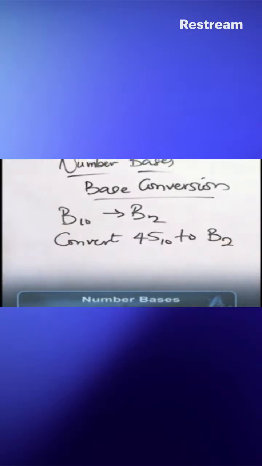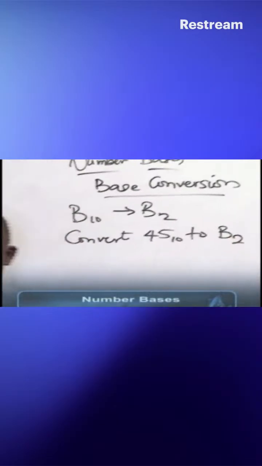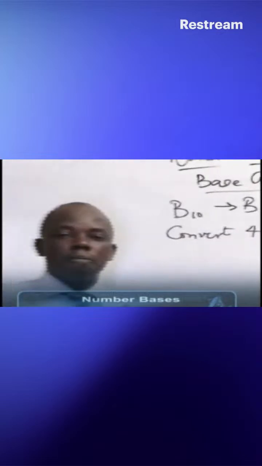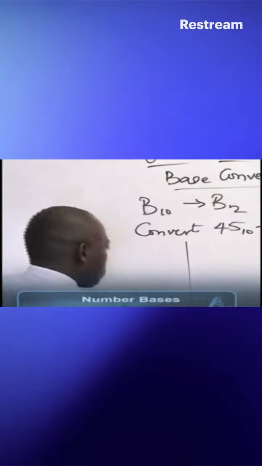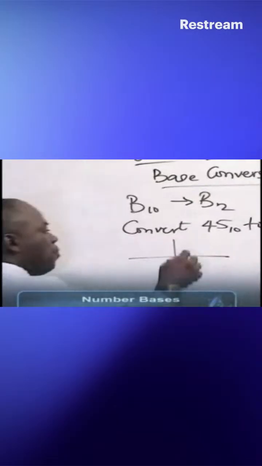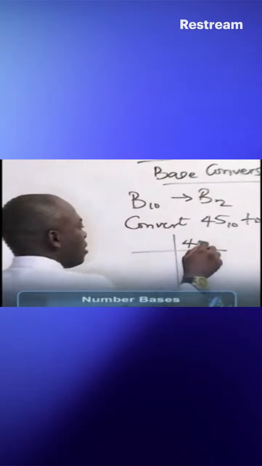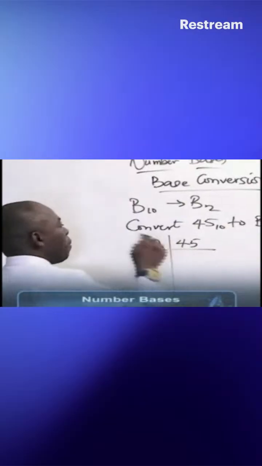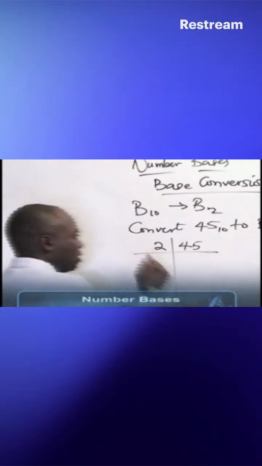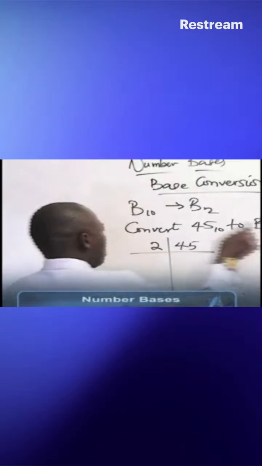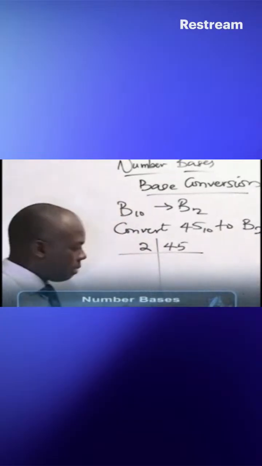The first thing we'll do is to create a column of this type. You put 45 on this side, and you put the number you want to use to convert on this side. 2 in this case is what we are using.